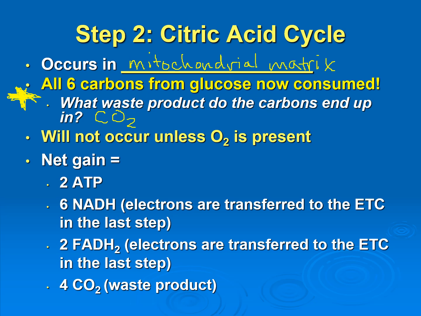Which is kind of weird to think about, that all the carbon in the food you're eating gets exhaled as CO2, which is kind of interesting.